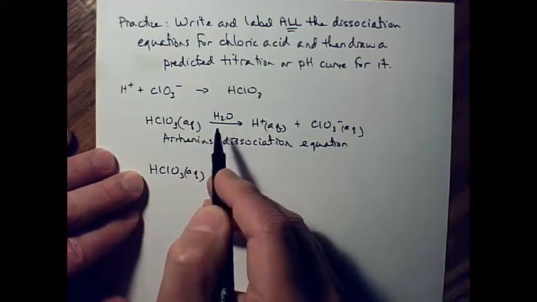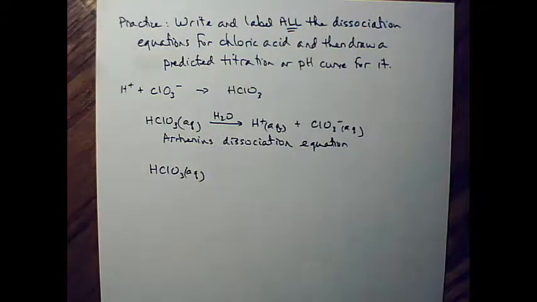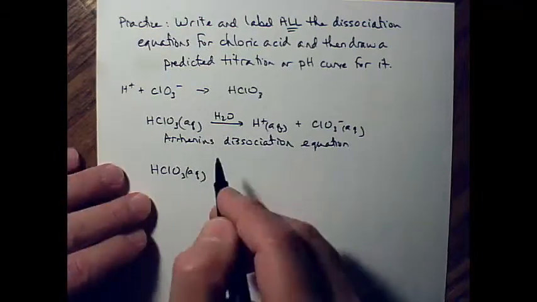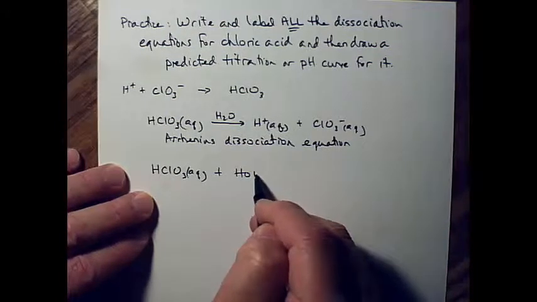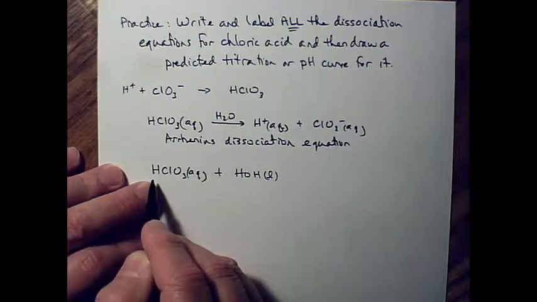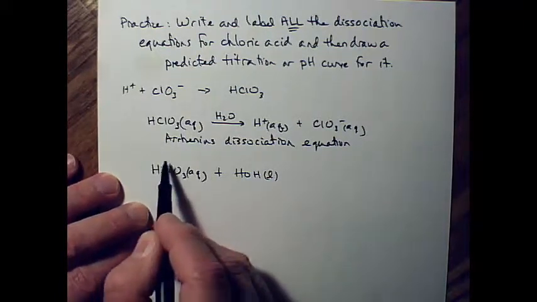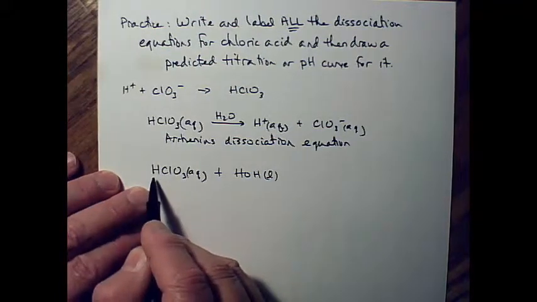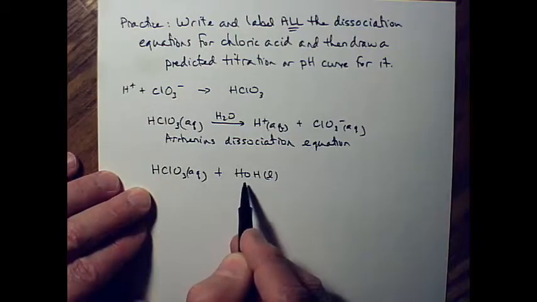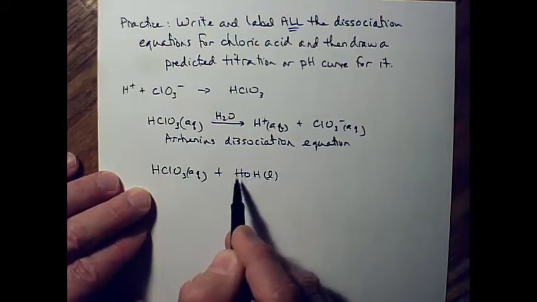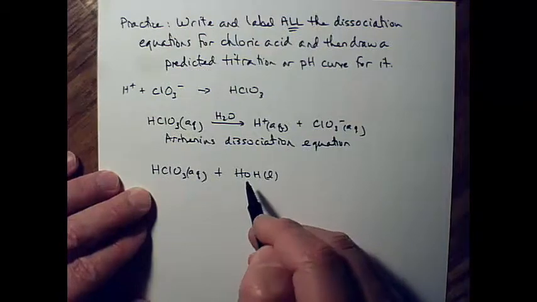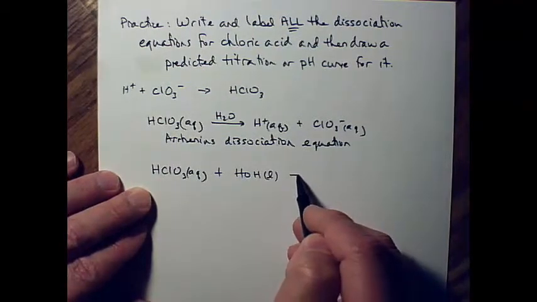then the water is not just sort of the environment this is happening in, it's actually part of the equation. And the hydrogen ion from this acid is going to dissociate from the whole formula, from the whole structure, and go over here and join up with this water molecule covalently bonding with a lone pair of electrons on the oxygen.